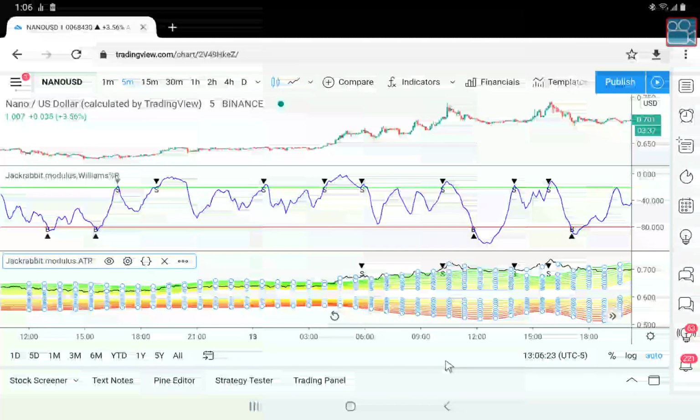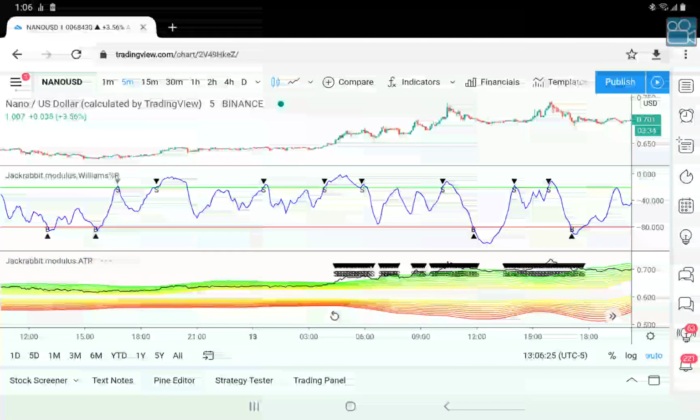So this system does not take a very quick process. As you can see, in order to get the two to line up, I had to put ATR in a different mode altogether because of the complexities between the two indicators.